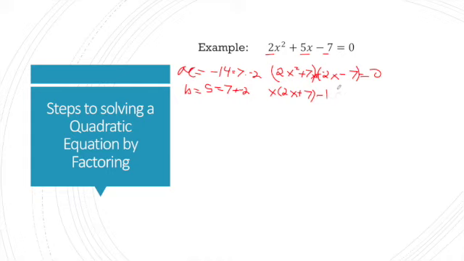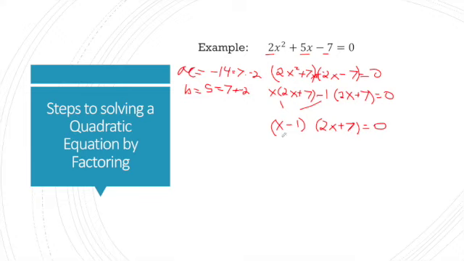So I pull out a factor of negative 1, and I'm left with 2x plus 7. I collect the greatest common factors. I have x minus 1, and I have 2x plus 7 equals 0.